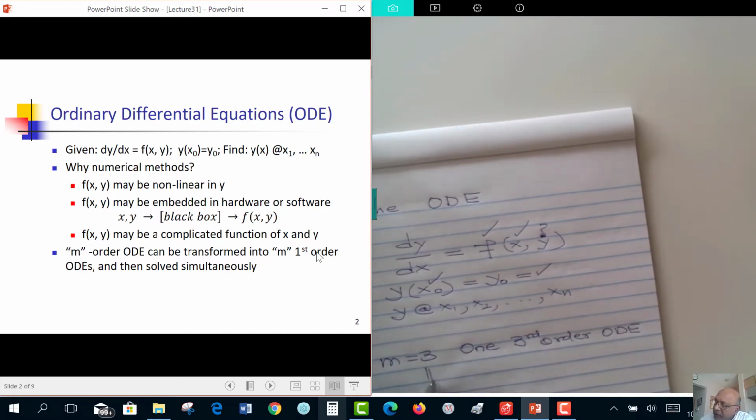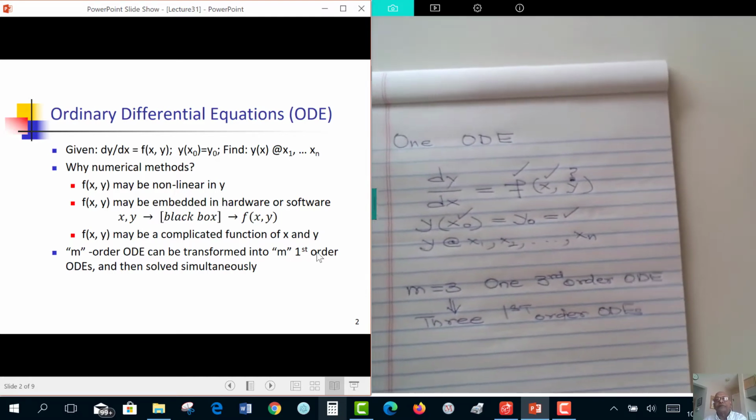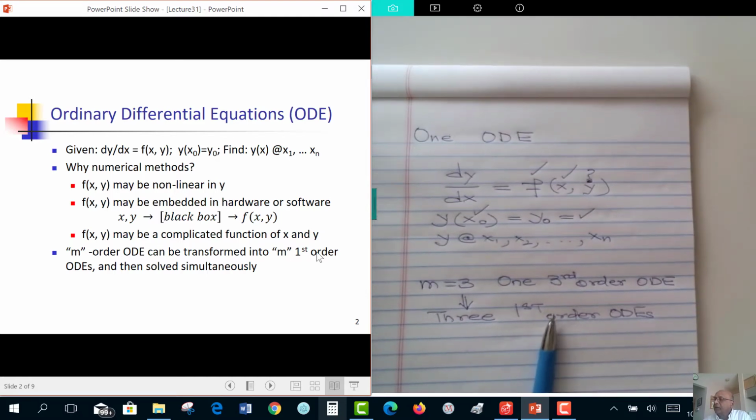But what we can do is we can write this into 3 first order ODEs. So we'll begin to learn how to solve one first order differential equation. Then we'll learn how to solve two, which we can generalize to two or more.